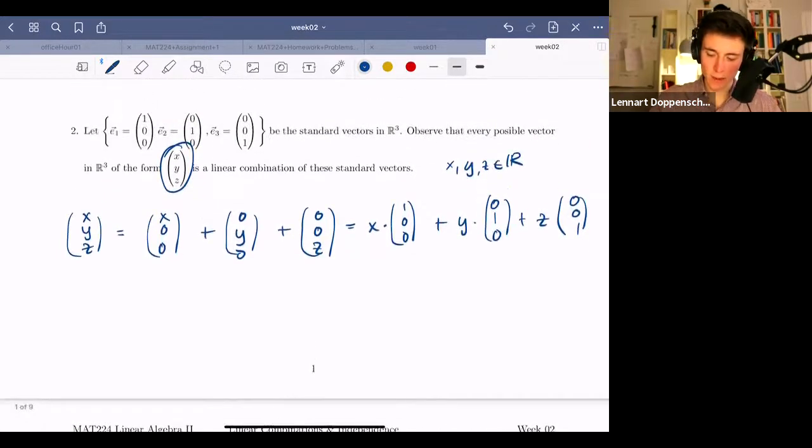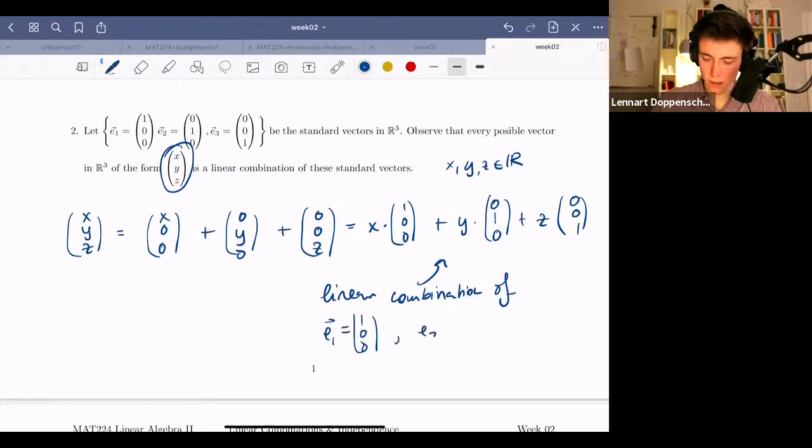So now notice that this is the linear combination of what we usually call e1, e2, and e3.